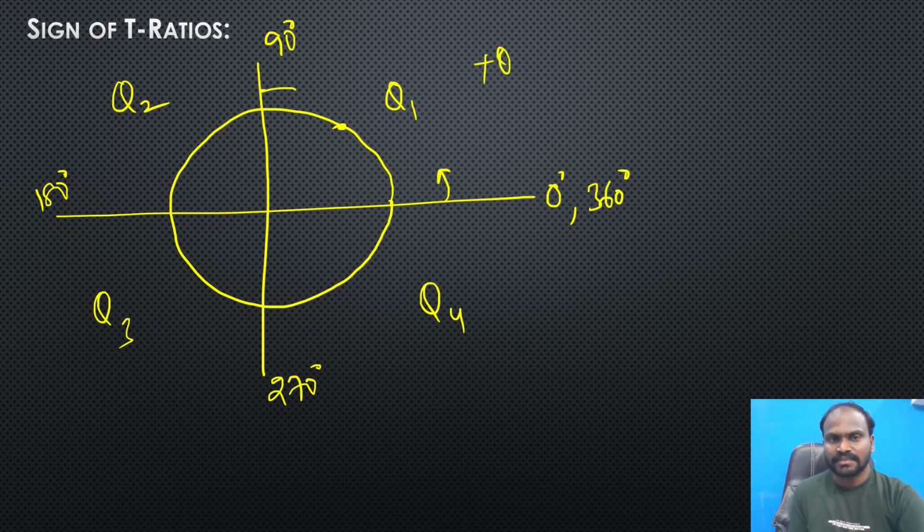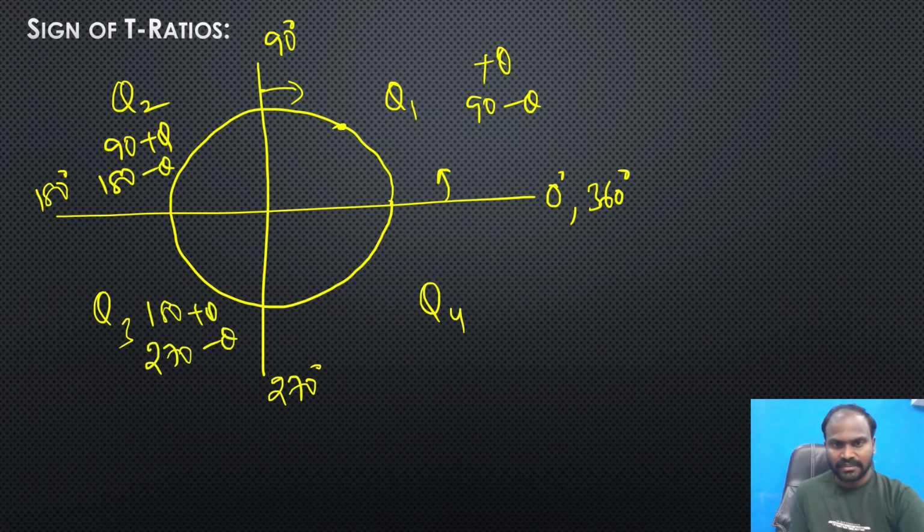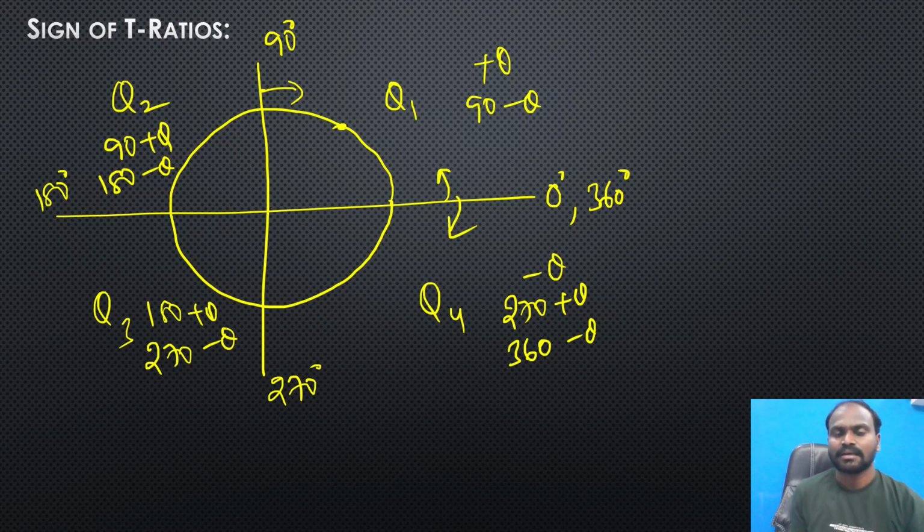And next 90, and clockwise, so 90 minus theta, then 90 plus theta, and this is 180 minus theta. Next here it is 180 plus theta, 270 minus theta. So 270 plus theta, 360 minus theta. Of course, minus theta also will come like this if you take.